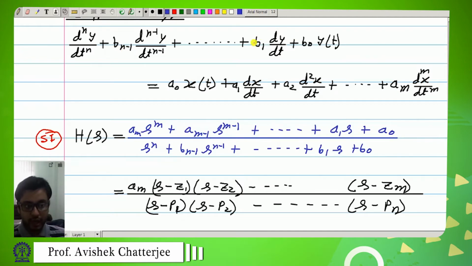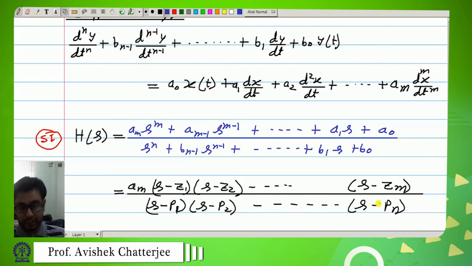So all these numbers which represent some physical quantity are real. Therefore only if these zeros occur in complex conjugate pairs will these coefficients be real. Otherwise these coefficients will be complex, and that cannot come from any differential equation which describes a practical real system.